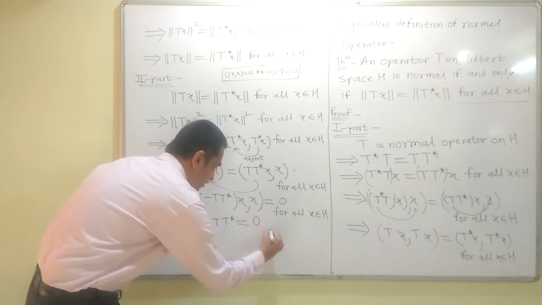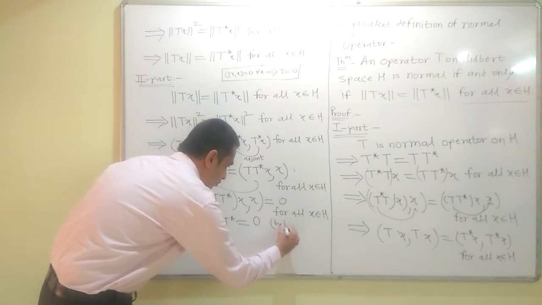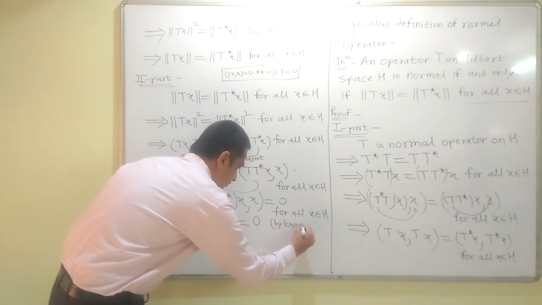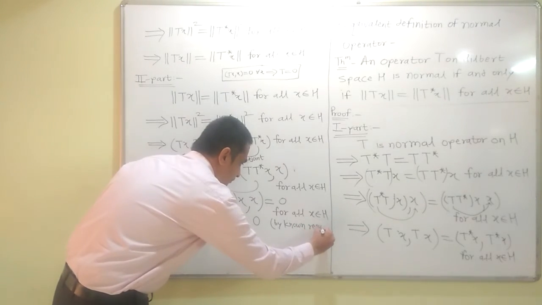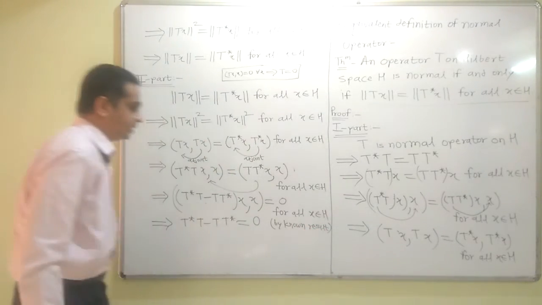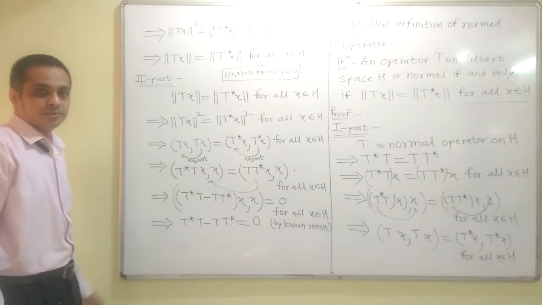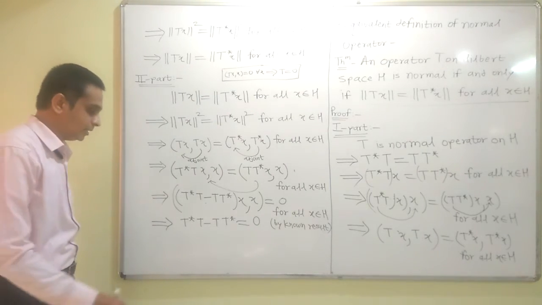You can specify the reason here: by known result, which we have proved. We have taken it as a theorem. We just refer to that theorem which we have proved earlier.